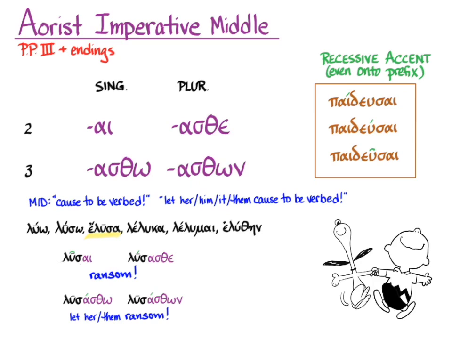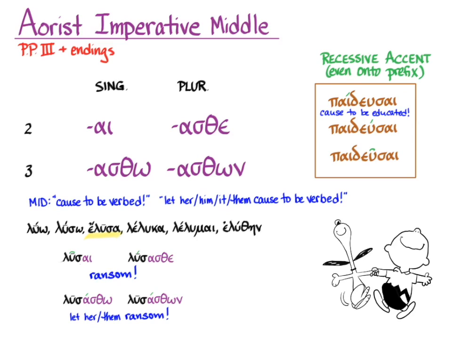So paideusai is the form that we've been working on here. This is the aorist imperative middle, and the accent is recessive all the way to the third to last syllable, and the alpha iota is short for the purposes of accent, so it can go all the way back there, and that means this verb, with this accent, means cause to be educated.